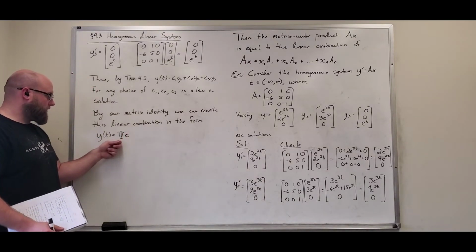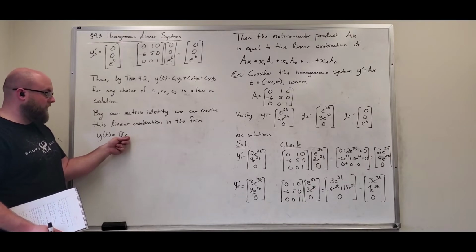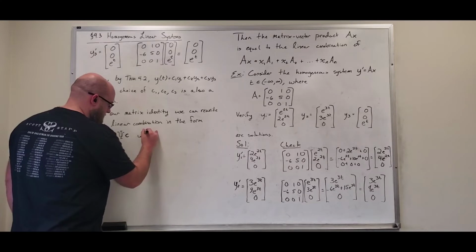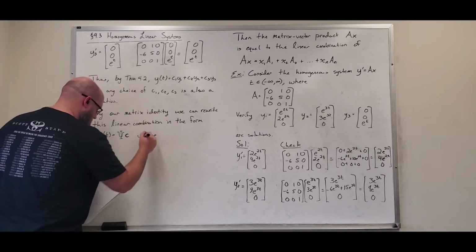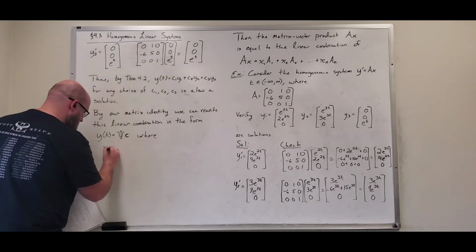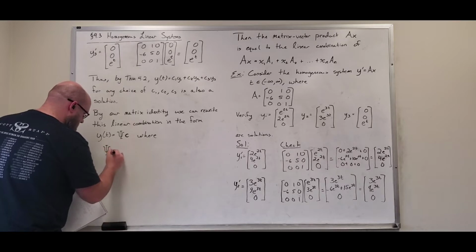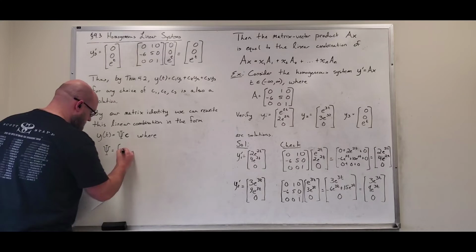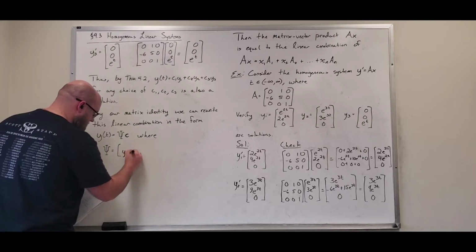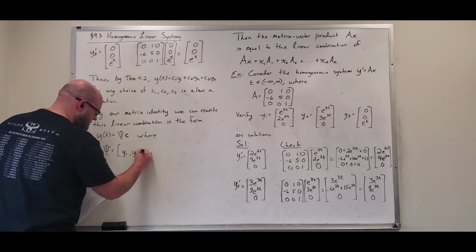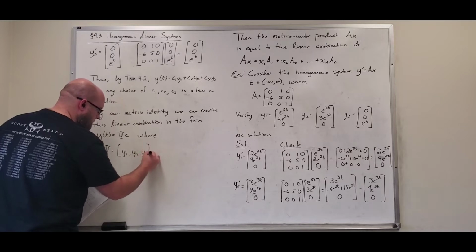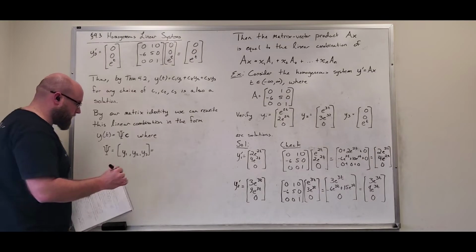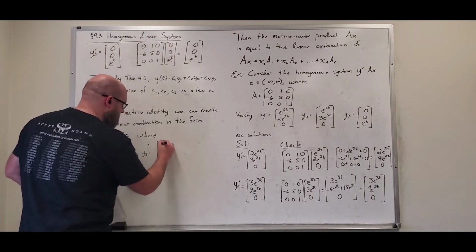So it's going to be psi times this constant vector here, c, where psi is equal to the column form of y1, y2, y3, which we can express in terms of a regular 3 by 3 matrix of the form.